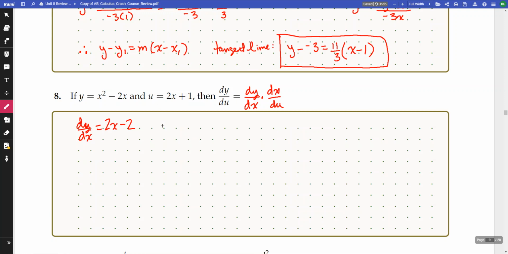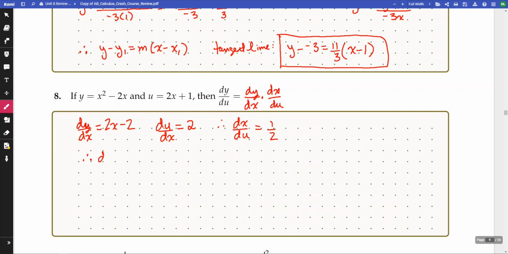And for du/dx, the derivative of u with respect to x, that's just going to be 2, right? But I want dy/dx times dx/du, right? So that means that the reciprocal of du/dx, in other words, dx/du, is 1/2.